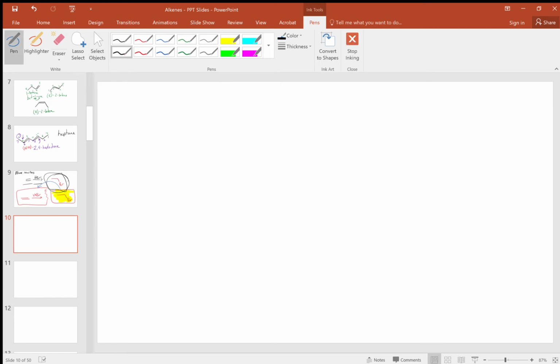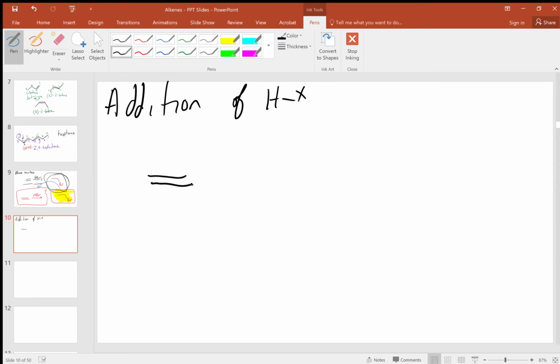So let's start with our first reaction, which we already saw a little bit of a preview of in the last chapter, but that's the addition of HX, where X is a halogen. So we did a very simple example of this in the mechanisms chapter, and we saw that the alkene is our nucleophile, and it attacks the hydrogen, which kicks out the bromine.